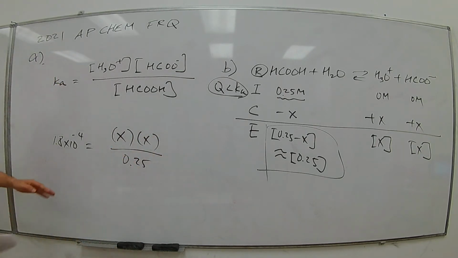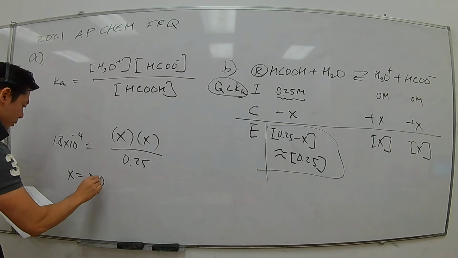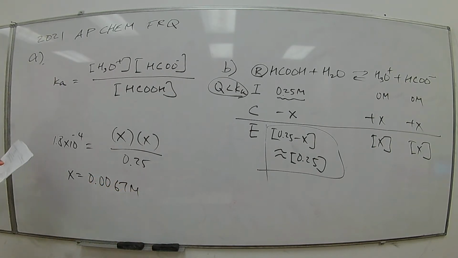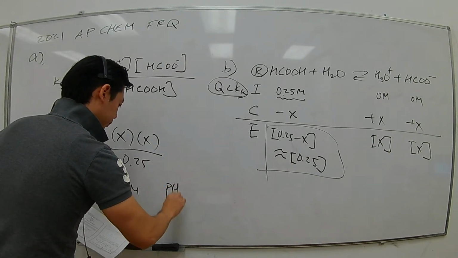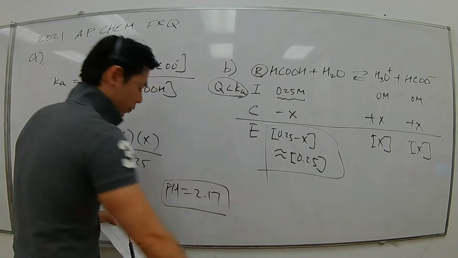Now solve this to get the value of x. I got x equal to 0.0067 molar. Then you take the negative log of this number, and I got the pH equal to 2.17. That will be the answer they're looking for in part B.